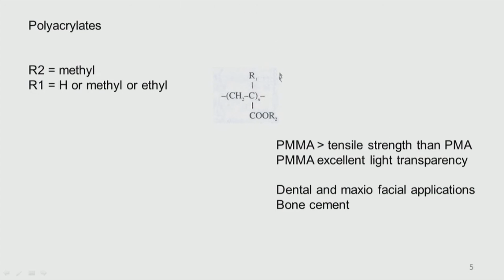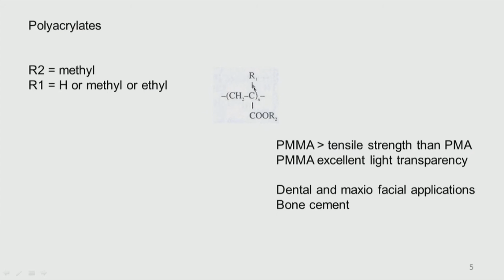Polyacrylates, okay. This is the general structure, CH2C, okay, there is a COOR. So, this is the ester part of it, and there is a R1 here, okay. R1 can be H or methyl or ethyl, R2 can be methyl, okay. So, we can have methacrylate, okay, when we have methyl here, methacrylate, that is an ester.